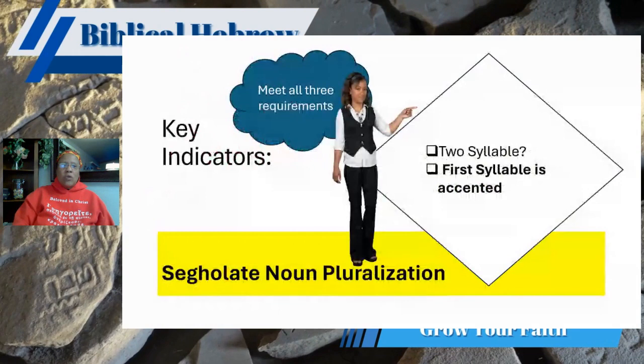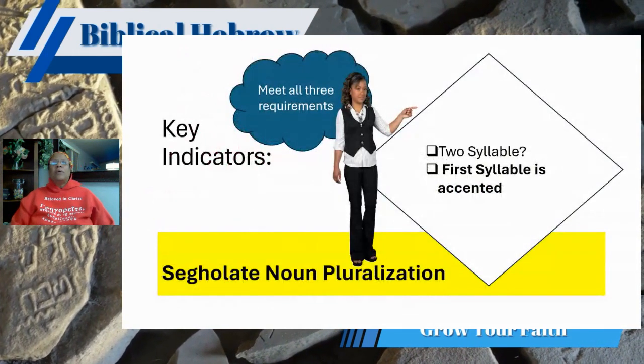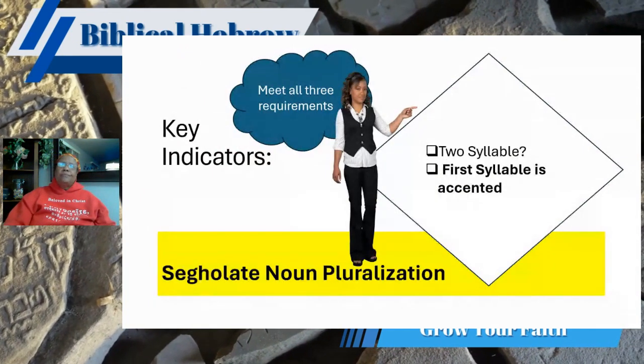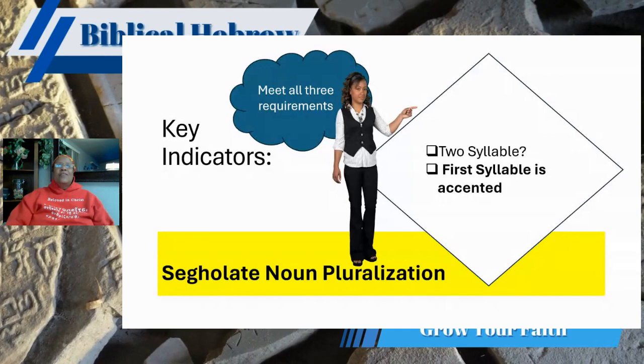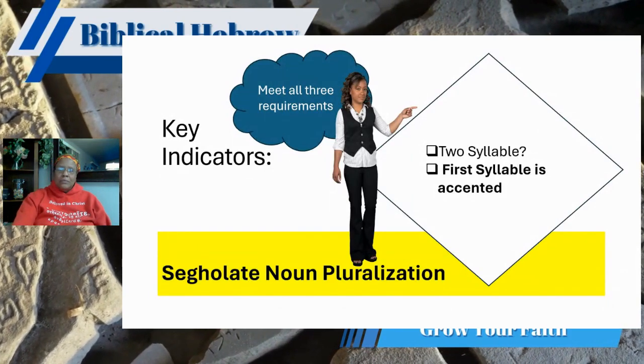Okay, so what are we doing here? One of the things that I want you to remember is that it has to be two-syllable, and the first syllable must be accented in order for it to be a segolate noun, okay?